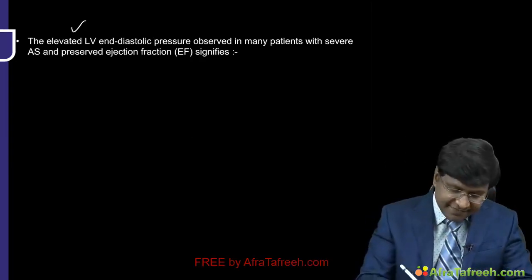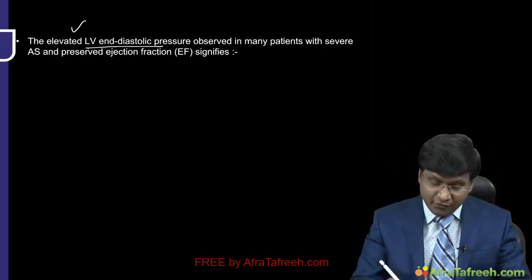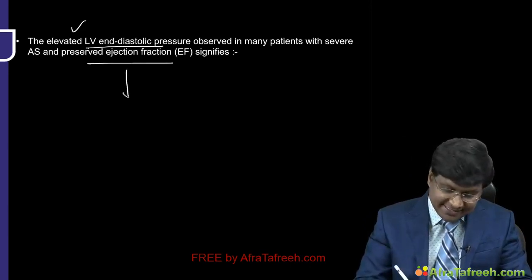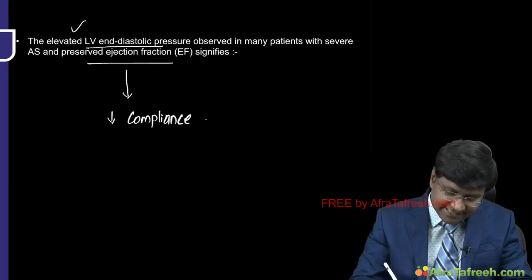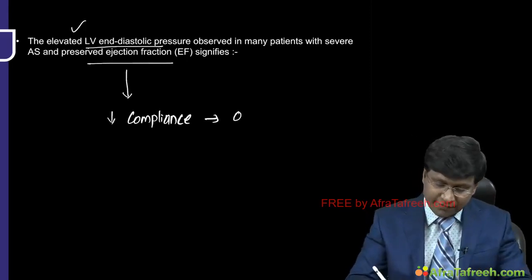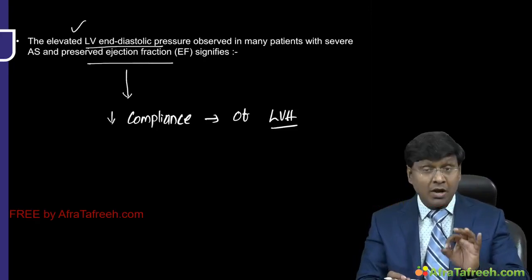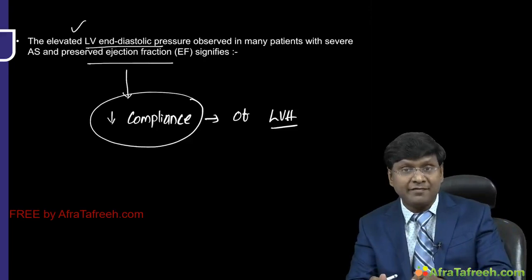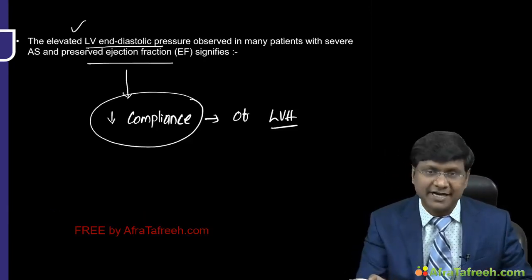See, if there is elevated left ventricular end diastolic pressure with preserved ejection fraction, that tells that there is decreased compliance of the hypertrophied left ventricle. It is only when there is decrease in the compliance of the hypertrophied left ventricle that the LV end diastolic pressure increases with preserved ejection fraction.